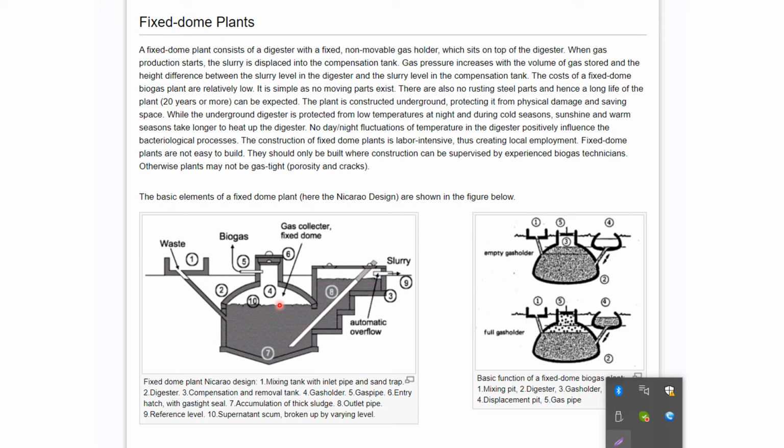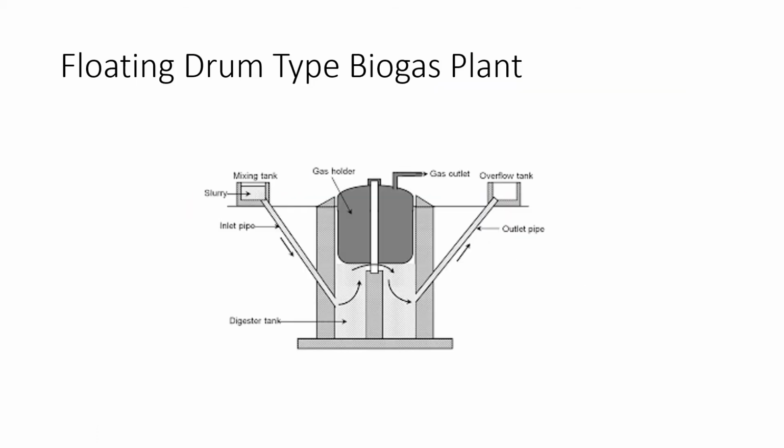And the biogas collected at the collection chamber can be taken out with the help of tubes, and that can be connected to a stove for use in the kitchen, or it can be used for other commercial purposes. And the next type of biogas plant is the floating drum type biogas plant. This was familiar in India, because this type of plant was first used by Indian companies. But nowadays this is not that familiar because other types of plants are in use.